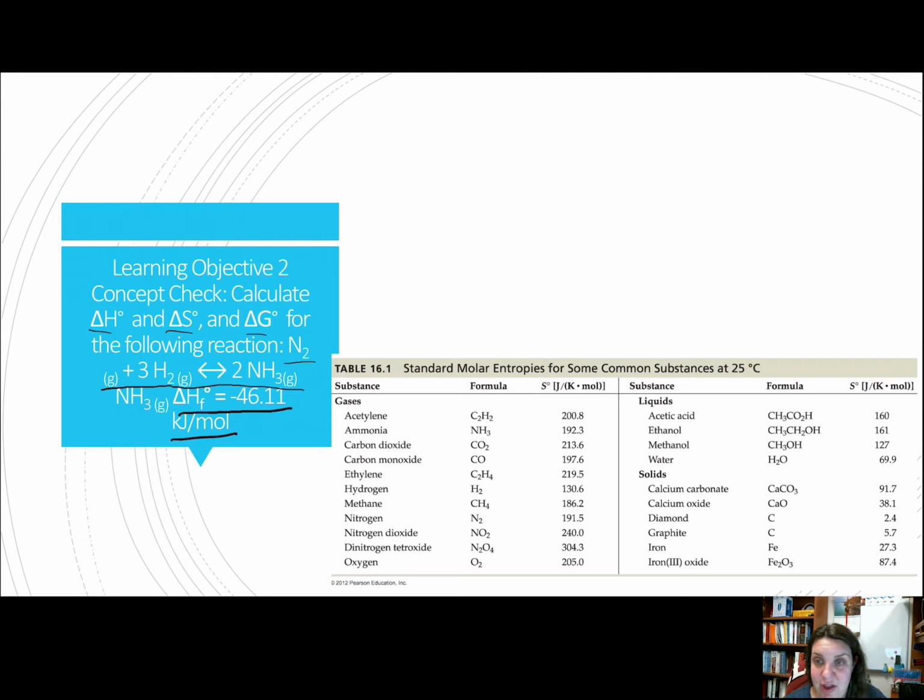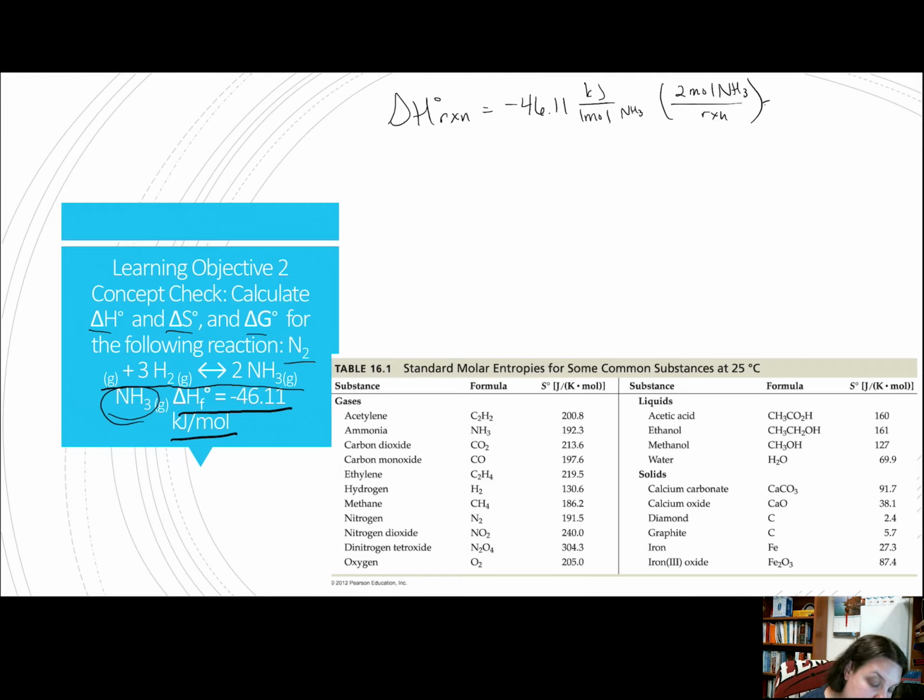We're just going to take that formation value and multiply it by the number of moles we have. So we have our formation, negative 46.11 kilojoules per 1 mole, and that's per 1 mole of NH3, right? If we look at our balanced equation that we saw before, we actually have 2 moles of it, so we're going to multiply that by 2 moles of NH3 per reaction, and that gives us a value of negative 92.22 kilojoules.